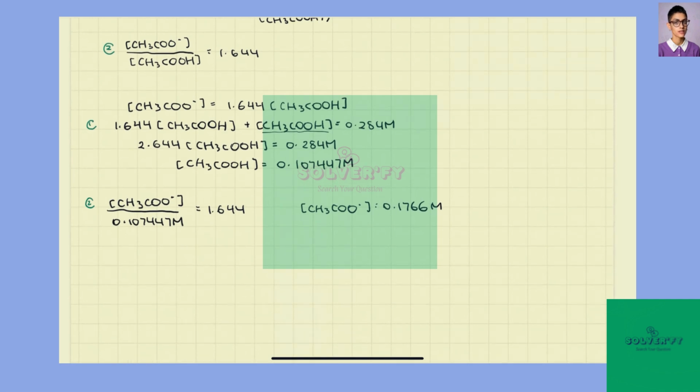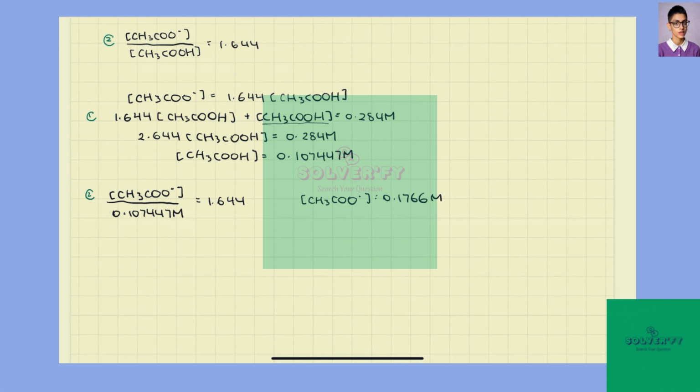Next, we can find the moles of the acid. So we can use the relationship that we know about the molarity and its volume to its moles. So if we multiply what we found by the volume, since we know that the KOH is added to 0.5 liters of the buffer, we can solve for the number of moles by doing multiplication.